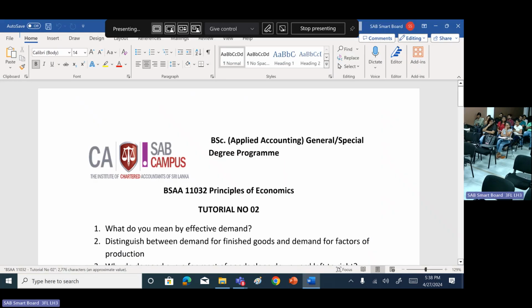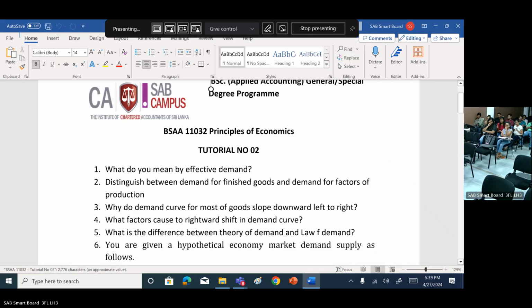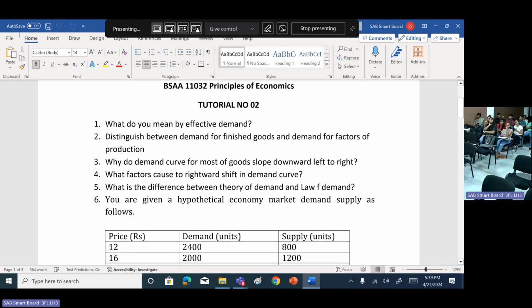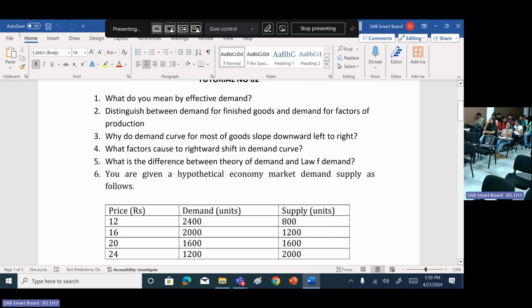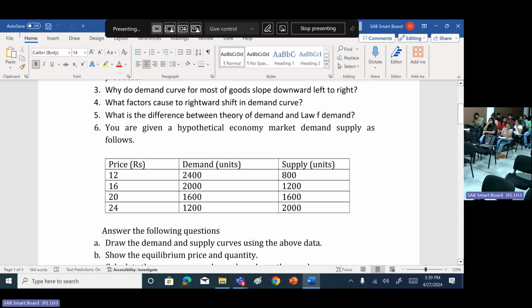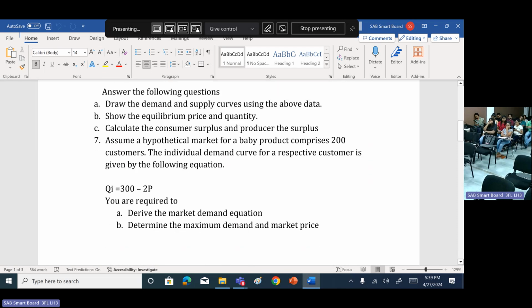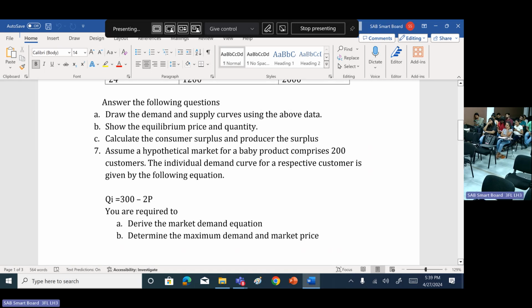There's a tutorial too, right? Demand, cost, maximum demand, market price.